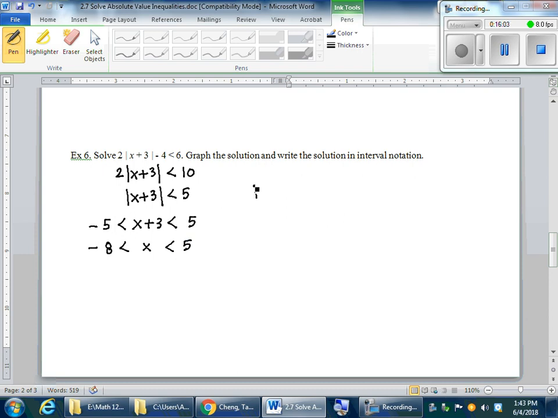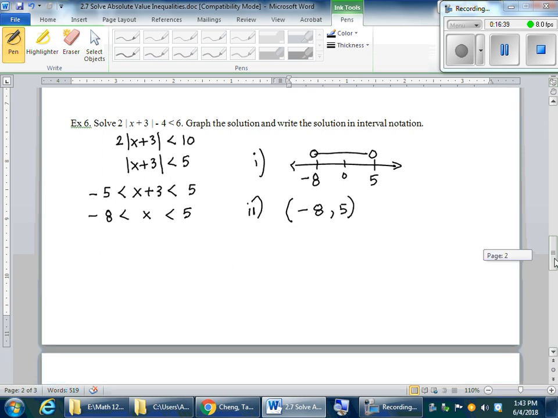And that allows us to graph quickly, which is the value of x is trapped between negative 8 and 5. Not inclusive, not inclusive, and here's my graph. Interval notation, its smallest value, which is negative 8, to the largest value of the solution set, which is 5. And both of them are not inclusive, so it will be parentheses, parentheses.